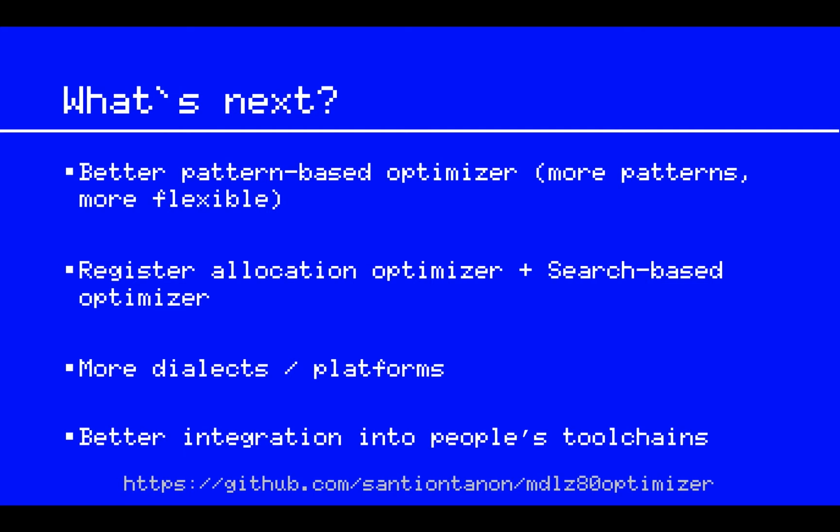The search-based optimizer is the idea that you specify what you want your program to do, for example a multiplication. The idea is to search through the whole space of possible sequences of instructions, trying to find the shortest sequence that achieves the goal.